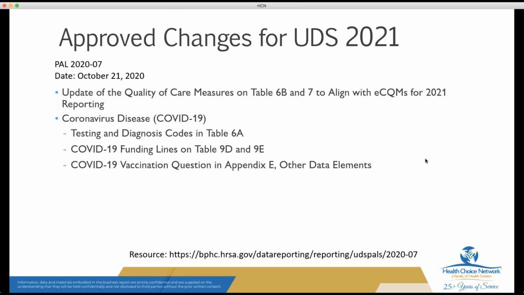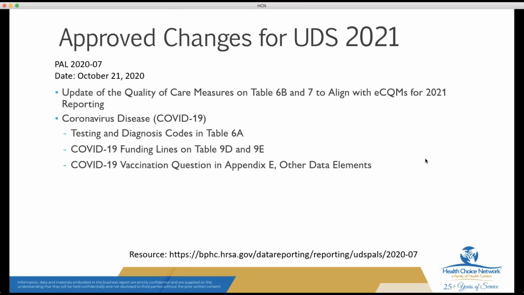So again, continued alignment of the CQMs or the quality of care measure reports with 2021 reporting specifications, and just continued updates regarding coronavirus. So table 6A will continue to be updated with any new ICD-10 codes or CPT codes or testing.